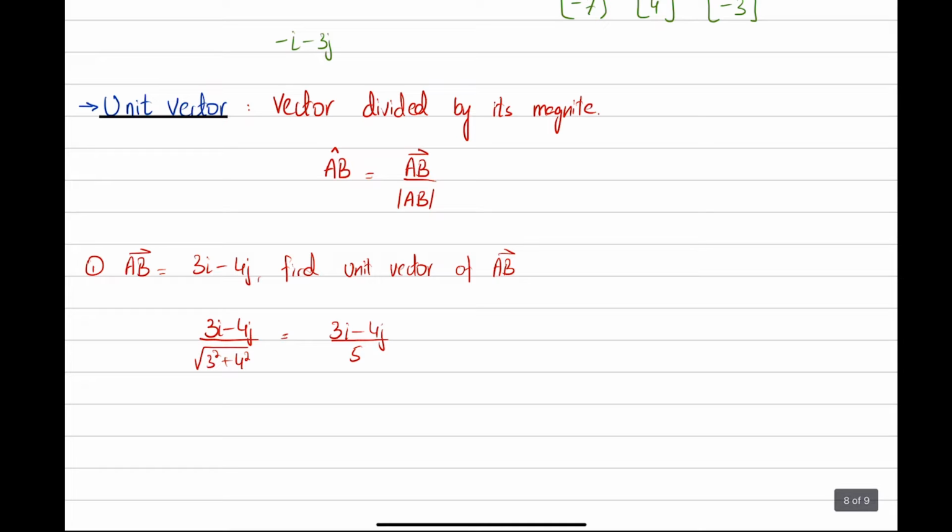Now you can write it like this, or you can write it as 3 upon 5I minus 4 upon 5j, or you can write it as 1 upon 5 (3I minus 4j). In fact, this is how you're supposed to write it: the second form, not the first one.